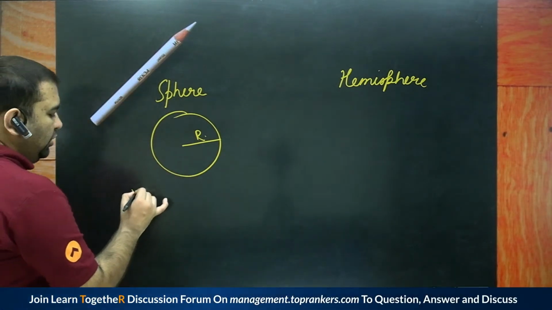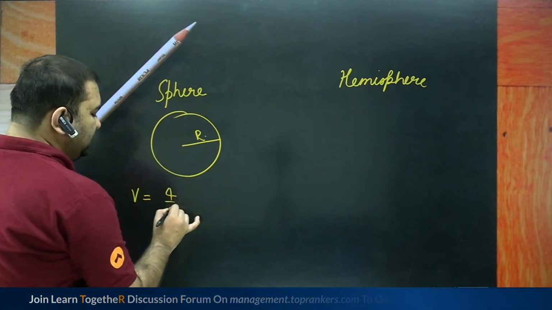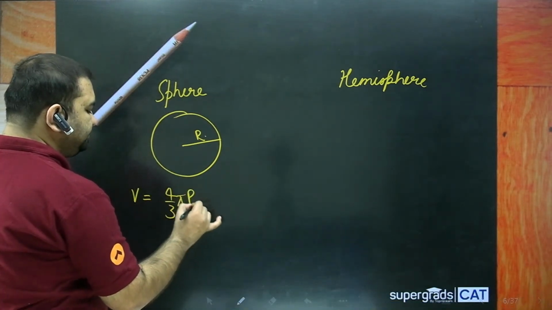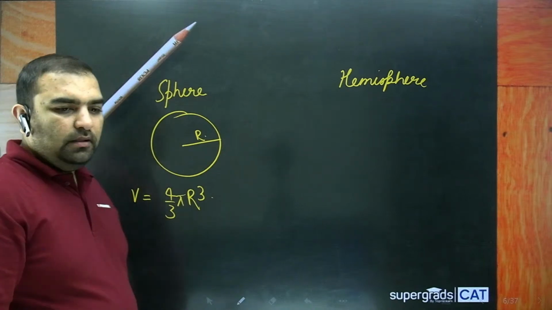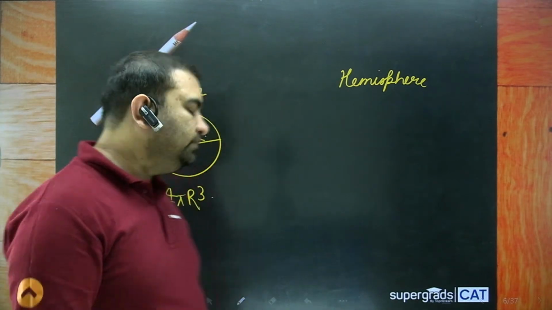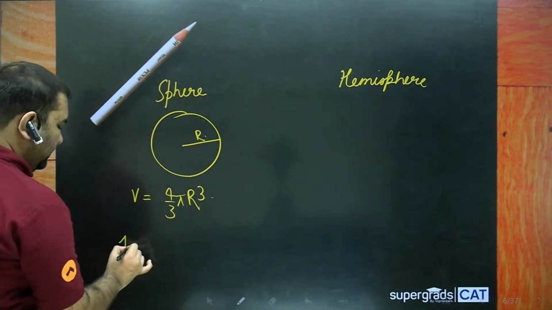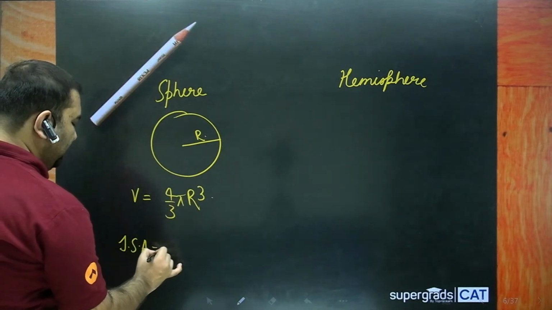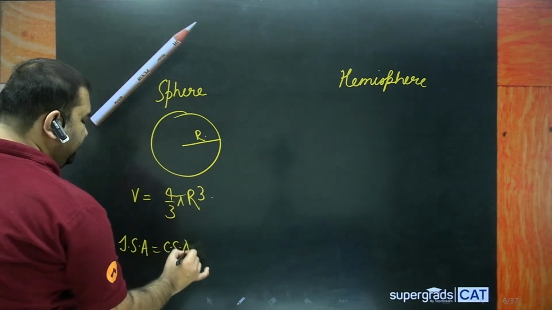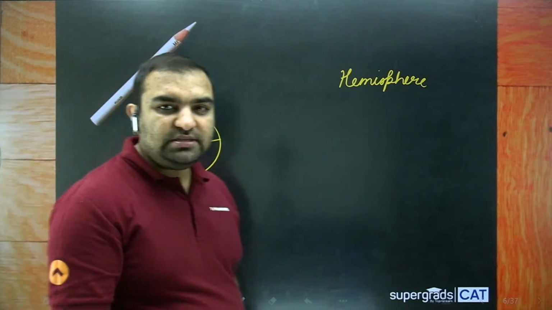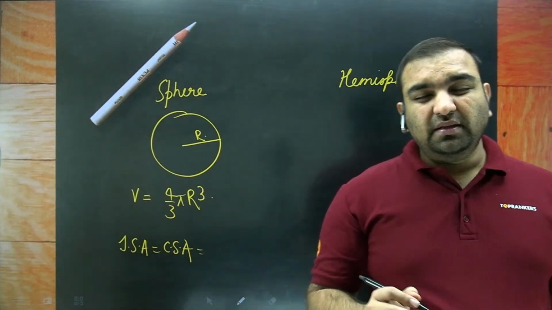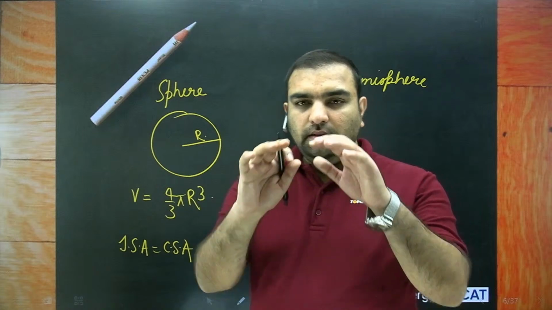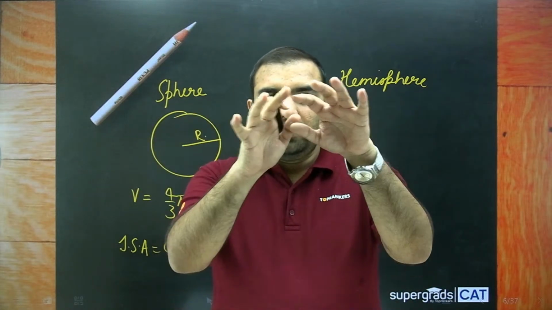So, what is the volume of the solid sphere? 4 by 3 pi r cube. A good thing here कि total surface area and curved surface area both are same. Can someone tell me the logic why? क्योंकि सर पूरा का पूरा कर्व ही है.